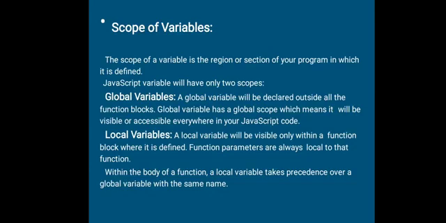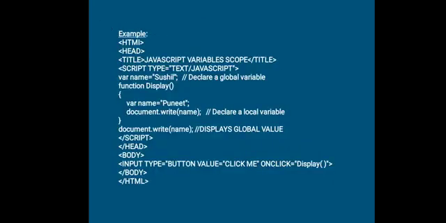For example, in this example, name is a variable I have taken, and here you can see name is declared twice, once in the global section and second within a display function. The global value of name is Sushil, and the local value of name is Puneet.